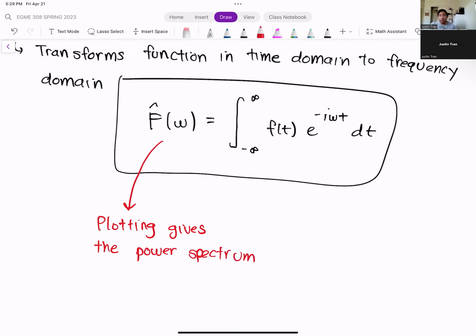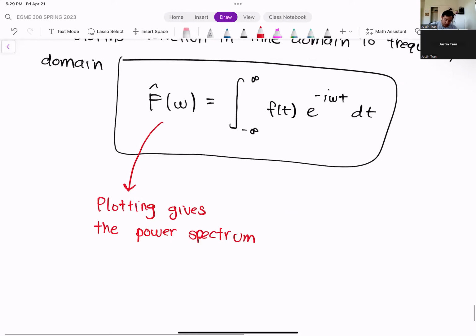Okay. And so what the power spectrum tells you is basically how much energy in the original function, or how much amplitude there is in the original function associated with the different frequencies.